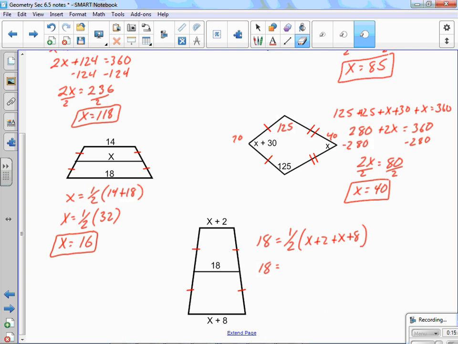So 18 is going to equal 1/2 of 2x plus 10. So distribute the 1/2 and we get x plus 5.